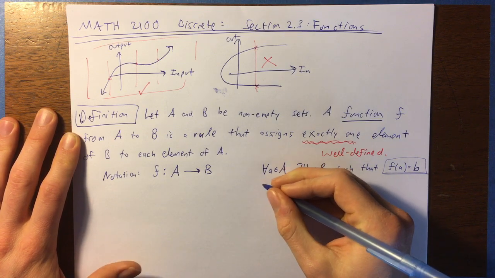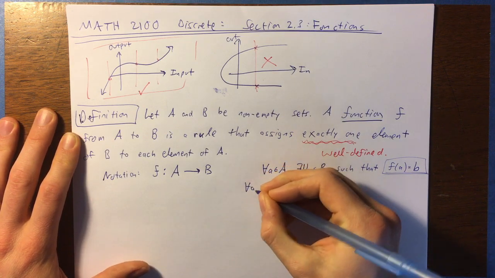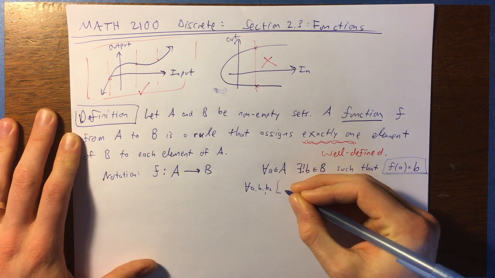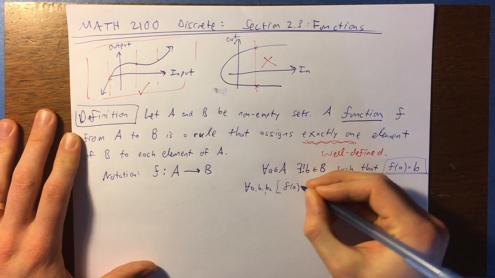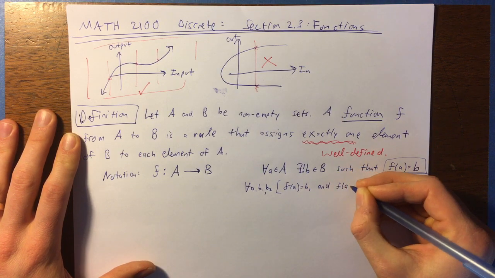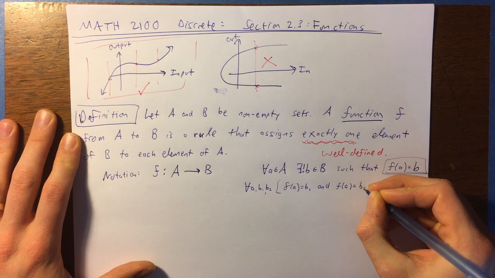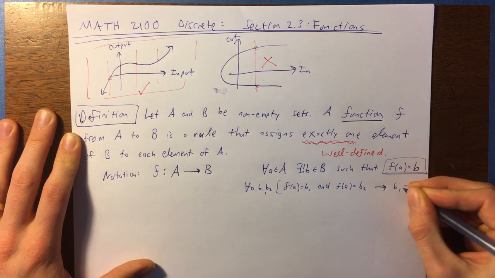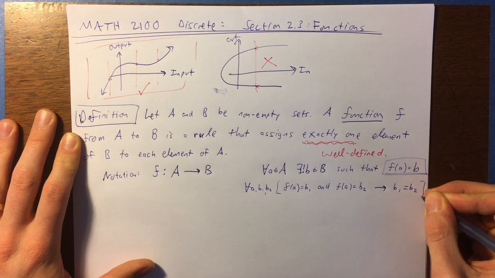Another thing I can write is: for all a, b1, and b2, if f of a equals b1 and f of a also equals b2, then b1 has to equal b2. So this is a bit of a silly thing.